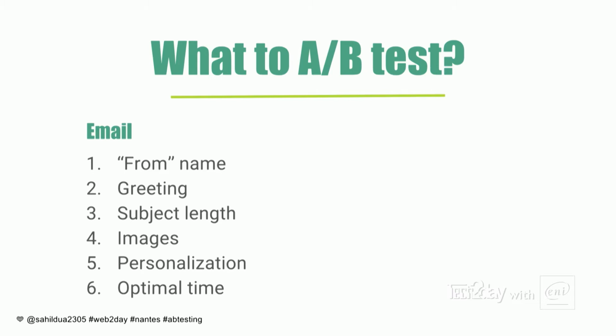Another example is, let's say you have an email campaign and you want to do A/B testing on your email campaign. What you can do is change the from name, greeting, or subject length, and we know that these are the things that impact the open rate majorly. It depends on these three things how many people are going to open their mail. So you can try tweaking these and see what actually works for you and what works for your business.